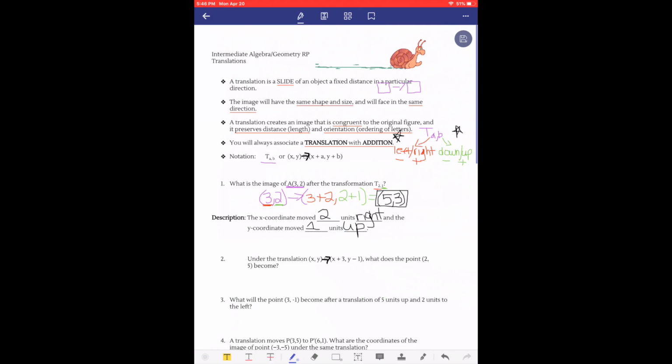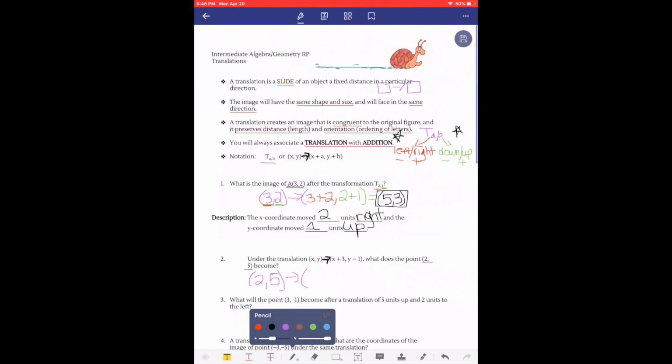So question 2. Under the translation x, y, arrow x plus 3, y minus 1, what does the point 2, 5 become? So 2, 5, arrow. Now I know it's x plus 3. So the x here was 2. So 2 plus 3, comma.